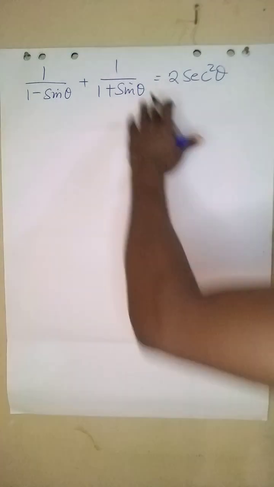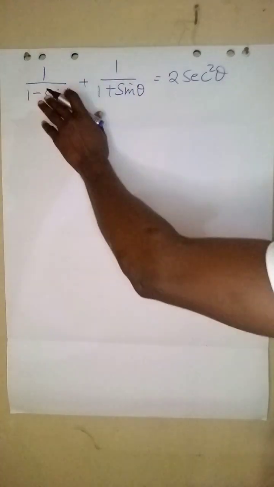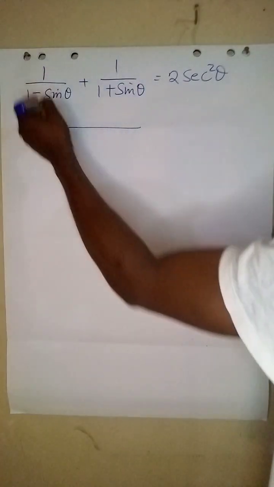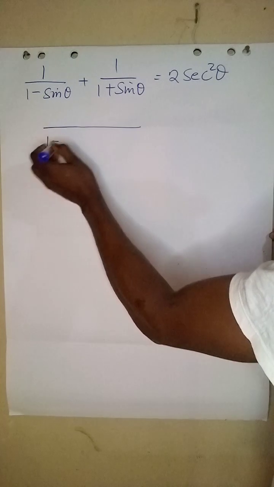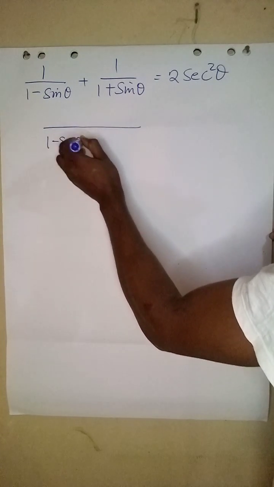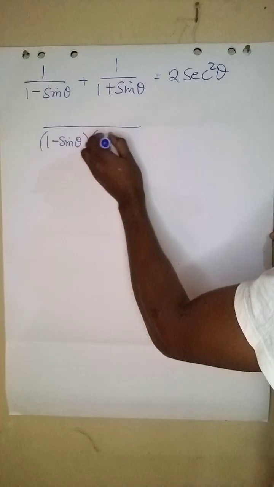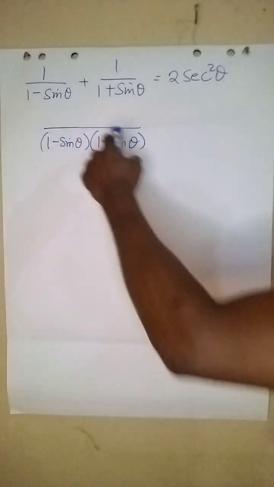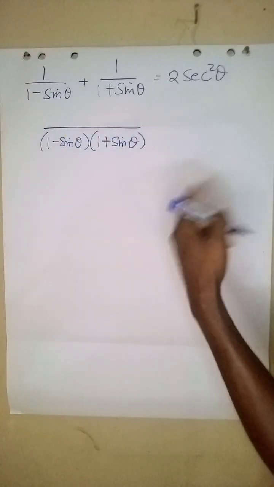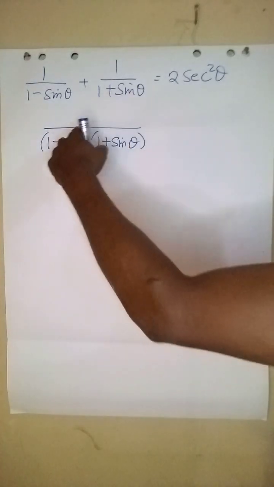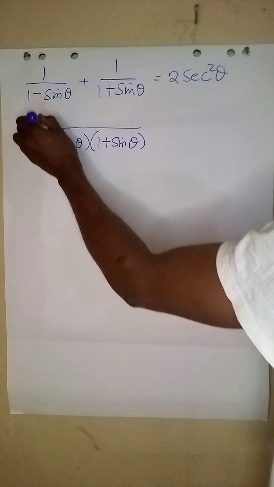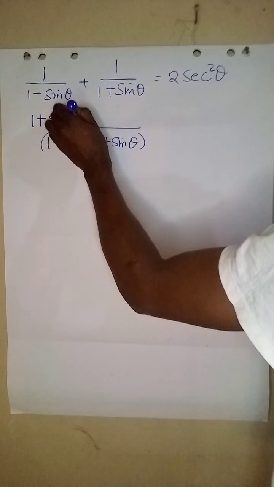So the first thing we should do is look for the LCM of this and this. Since we have two different denominators, the LCM is 1 minus sine theta times 1 plus sine theta. This is just the normal way you handle a fraction. This will cancel this, then you multiply this with this, you have 1 plus sine theta.